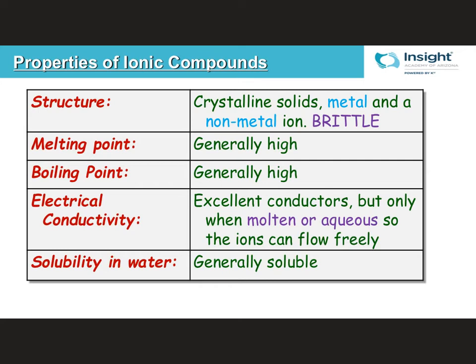Their conductivity is great, but those ions do need to have some form of separation. So you either have to have it dissolved in water, which is what aqueous means, or melted, so that those electrons can flow freely. And they're soluble in water. So this is definitely the slide to write down some notes on.